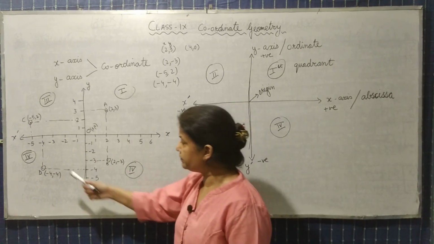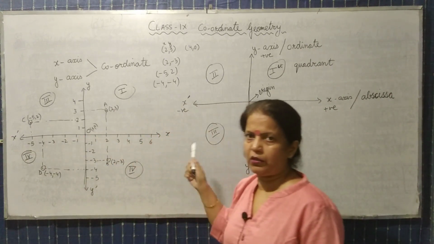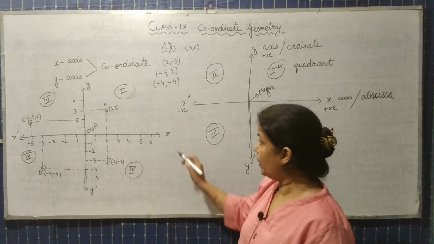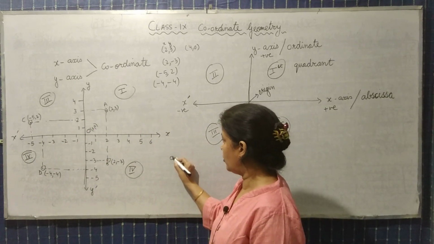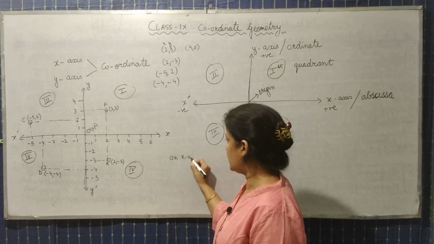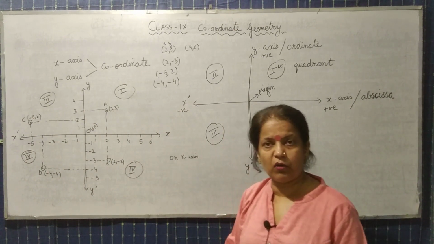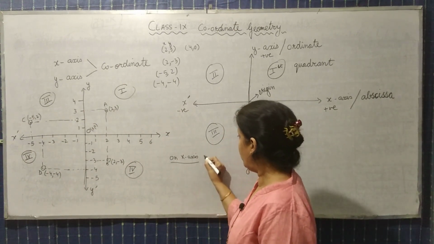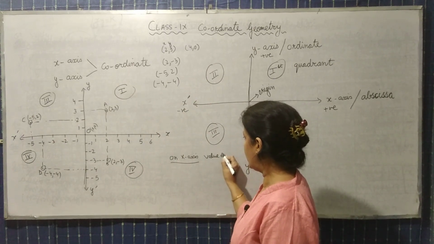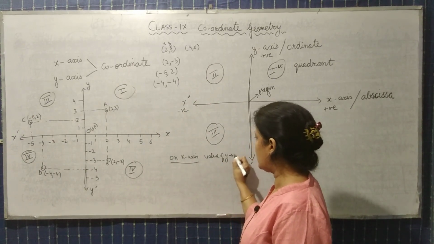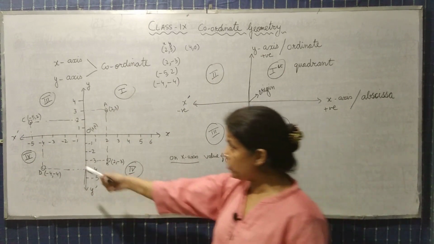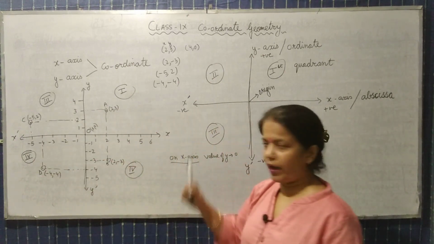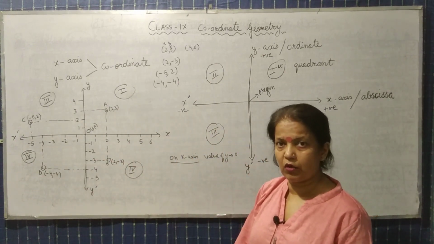अब अगर हम x axis की बात करते हैं, remember on x axis, whether it is positive or negative, the value of y is always 0. इस axis पे y value will always be 0.